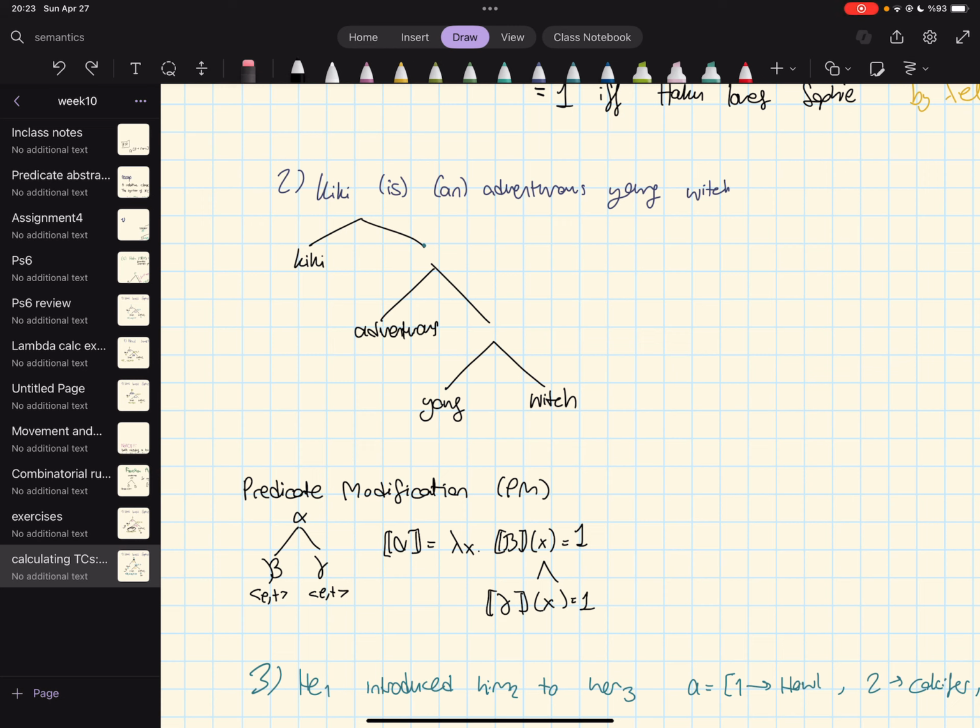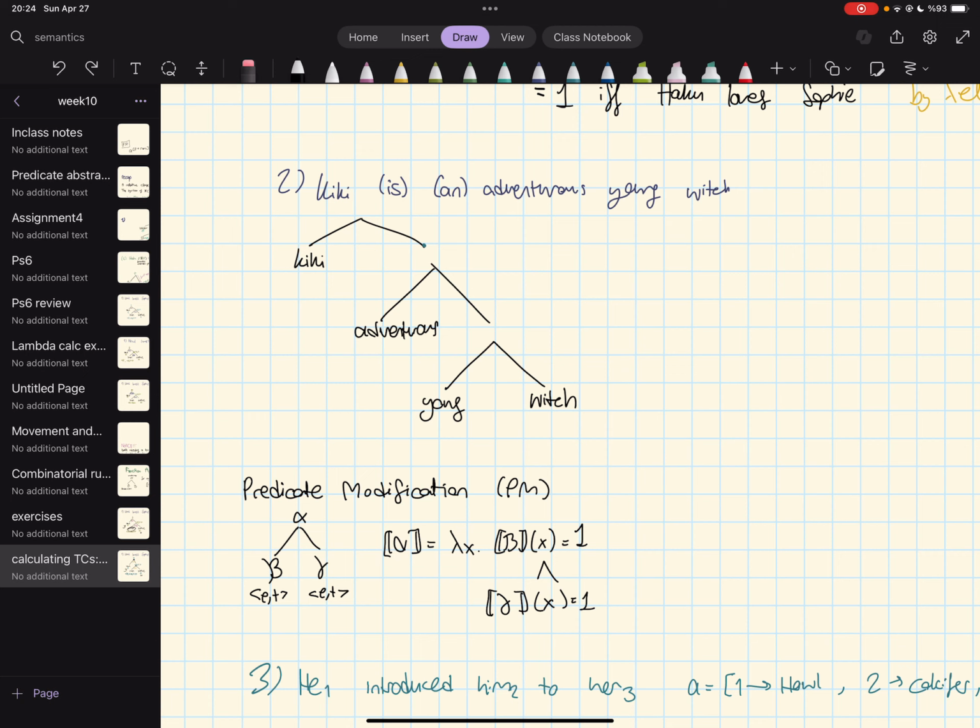They don't actually have a function in semantics. These have content, while is and an do not have content. They're not an entity, they're not a truth value, so they're not a function. They just serve a grammatical purpose, so I'm not including them at all.